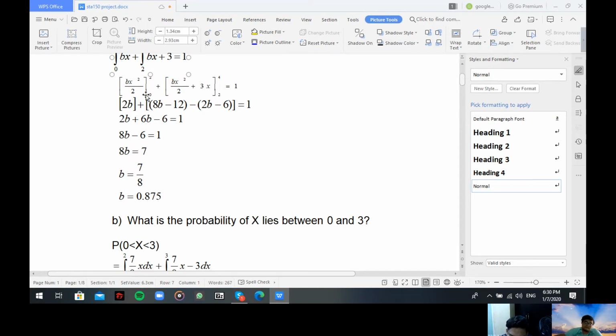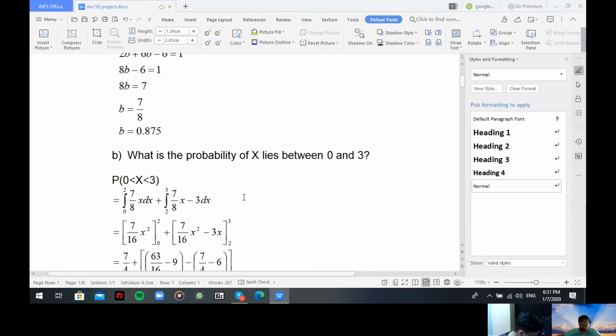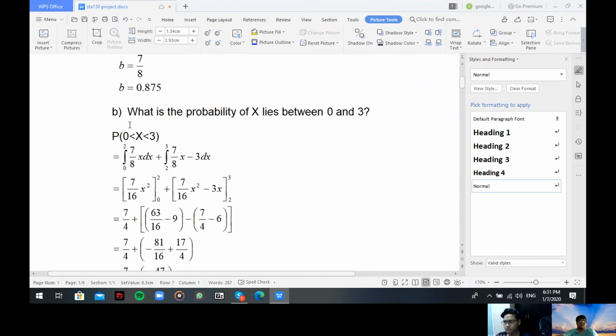Because anyone of us will know how to integrate it, I will just skip the integrate part until 8b equals to 7. So you will get b equals to 7 over 8. We are statistics students, so we need to give it to the decimal point. So b is equal to 0.875.